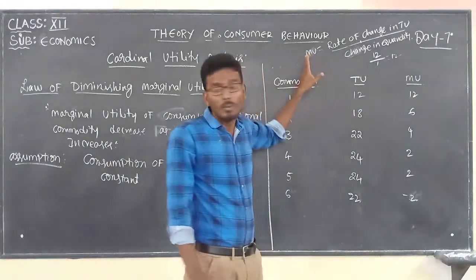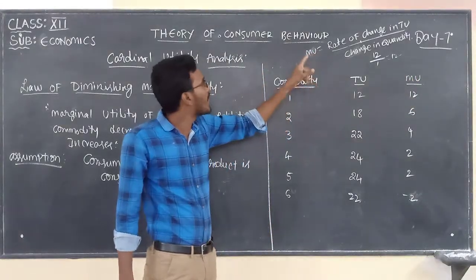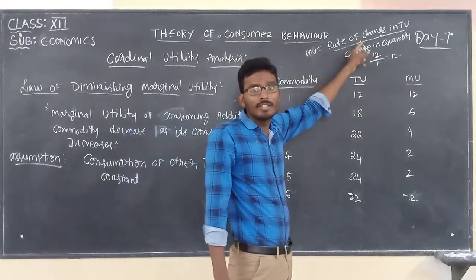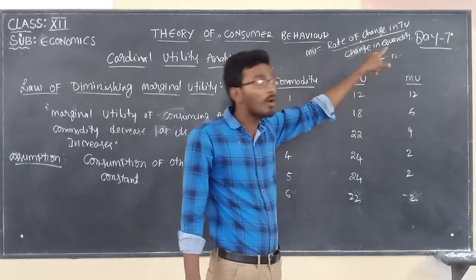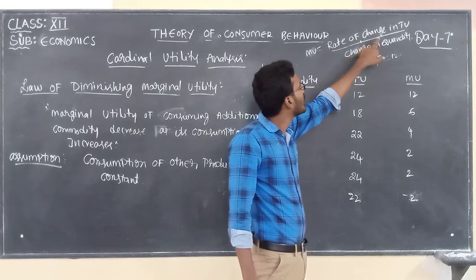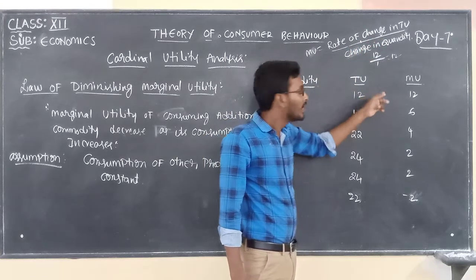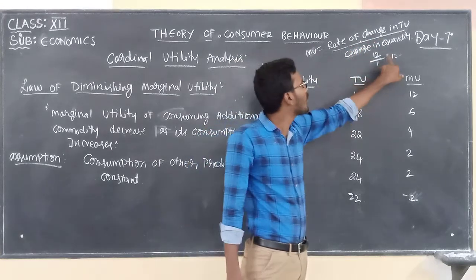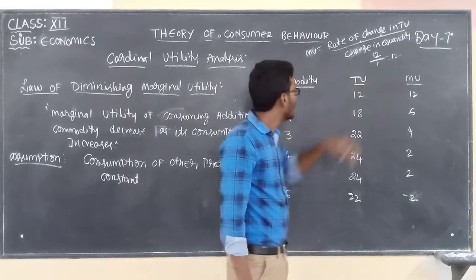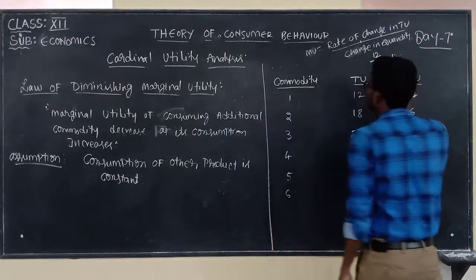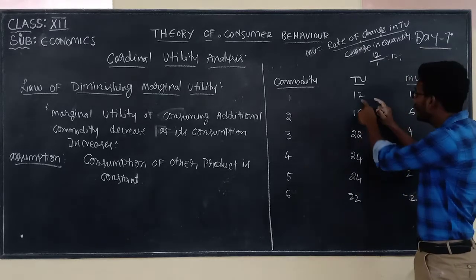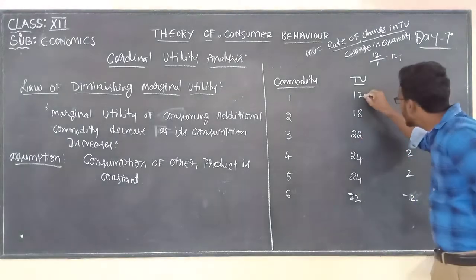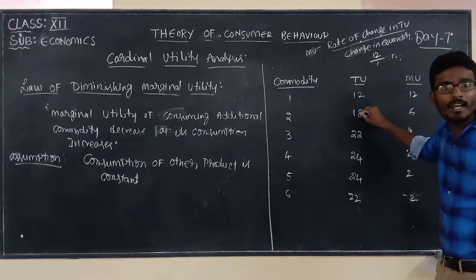See here. What is the formula to calculate marginal utility? Rate of change in total utility by change in quantity. Here the change in total utility is 12 and the change in quantity is 1, so 12 by 1 equals 12. Now the second product. Rate of change in total utility: don't take 18, from 12 to 18 how much difference is there? 6.